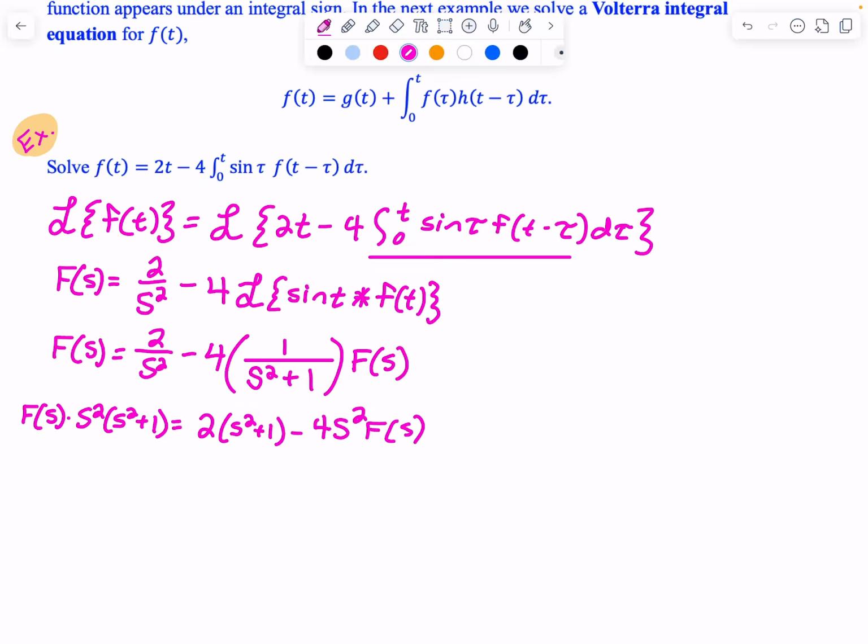All right, so I see that I have two F(s) terms, so I'm going to bring one side to the other. I'm going to have F(s) times (s squared times (s squared plus 1)), and then plus 4s squared, adding it to the other side, and then I got 2 times (s squared plus 1).